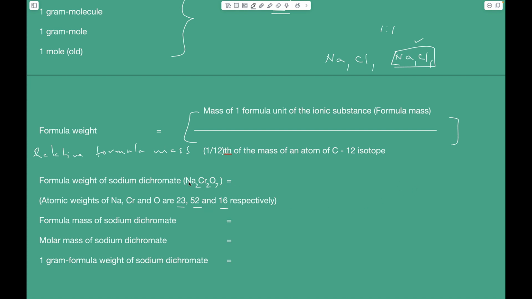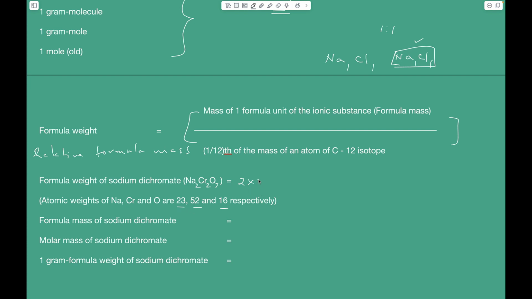And from this formula, you understand that it is composed of 2 sodium ions and 1 dichromate ion. And in each dichromate ion, there are 2 chromium atoms and 7 oxygen atoms. So to get the formula weight of sodium dichromate, you have to multiply these subscripts with their respective atomic weights.